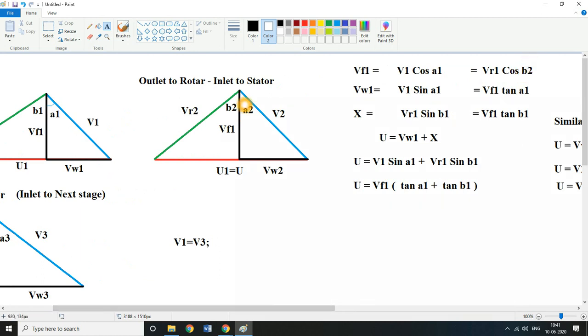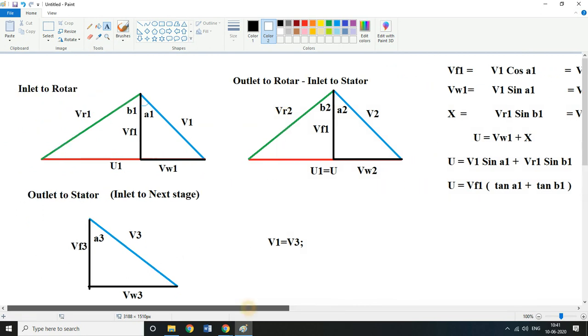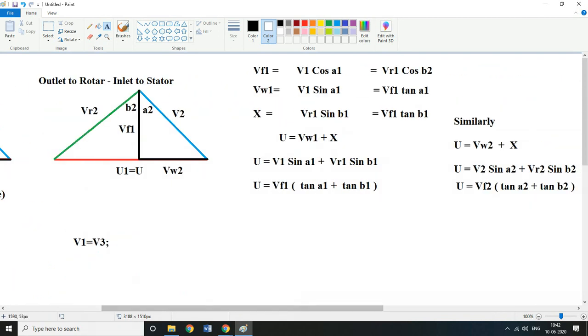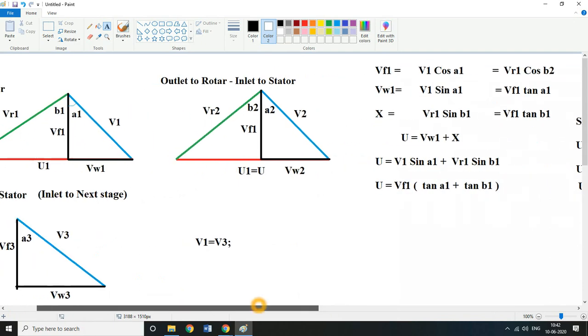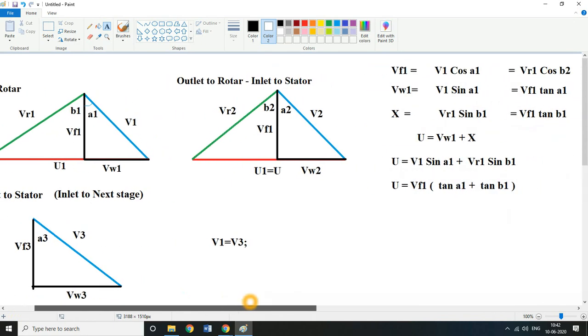So cos beta 2, adjacent is VF1 by hypotenuse VR1, and VW2 is the tangential component. Sin alpha is opposite by hypotenuse, so V1 sin alpha 1, and tan alpha 1 is opposite by adjacent, so VW1 divided by VF1.